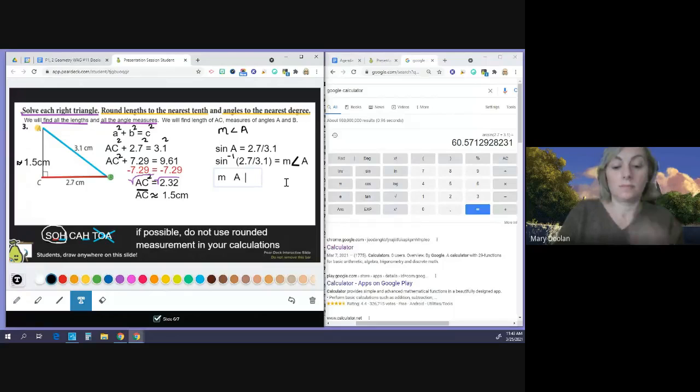So 90 minus 61 is going to be about what the measure of angle B is. Ninety minus 61, 29. So about 29 degrees. That's the measure of angle B.